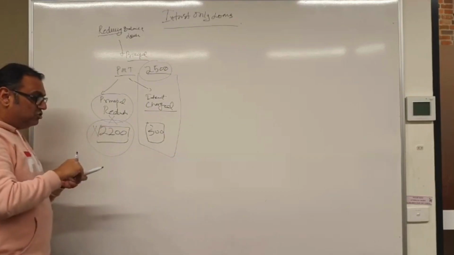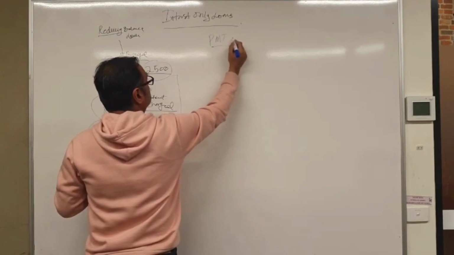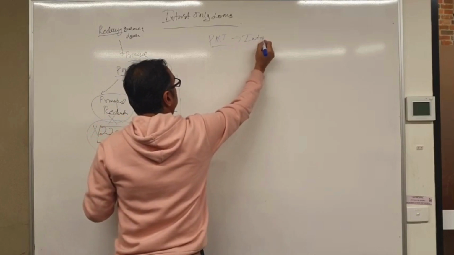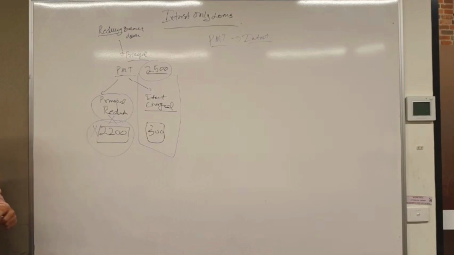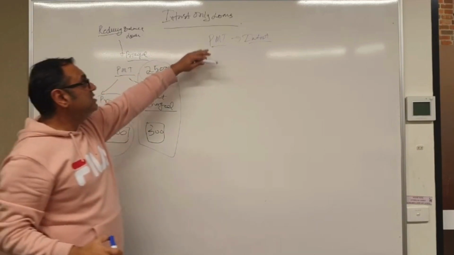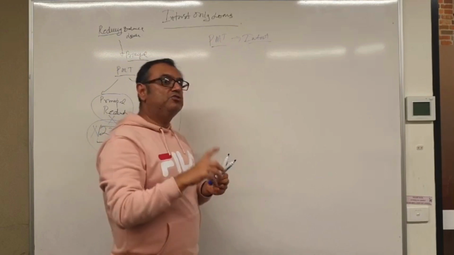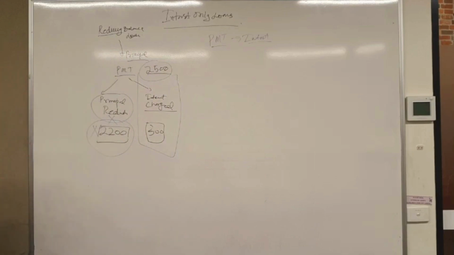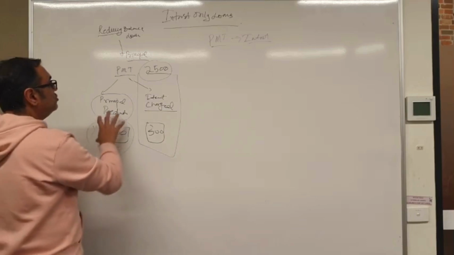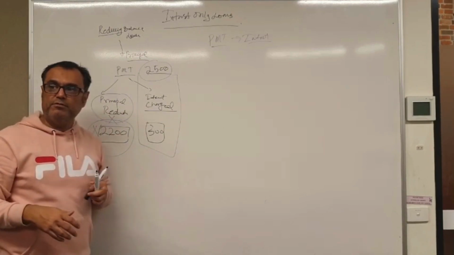So in the world of interest-only loans, your PMT value is just the interest value, and there is no principal reduction. Hence, interest-only loans have smaller PMTs in comparison to reducing balance loans. Right, Ethan? Makes sense?